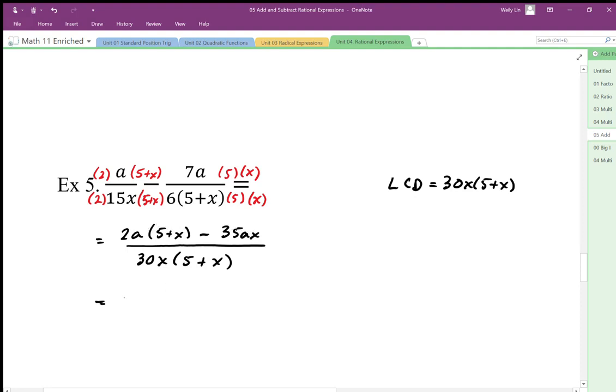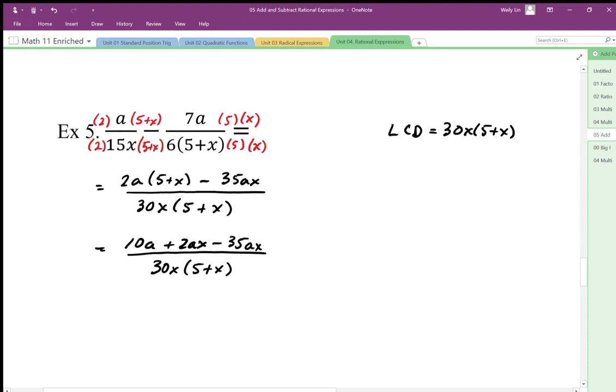So I end up with 10a plus 2ax minus 35ax, and then we have our like terms there. So our final answer to this is going to be 10a minus 33ax.